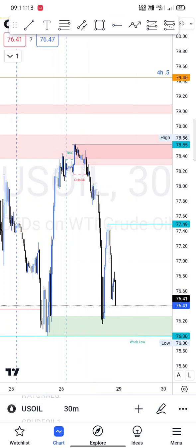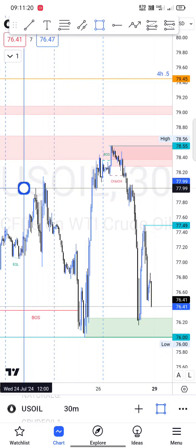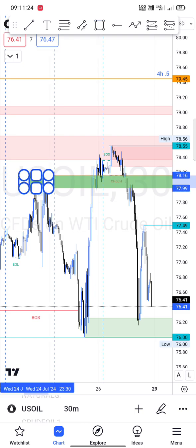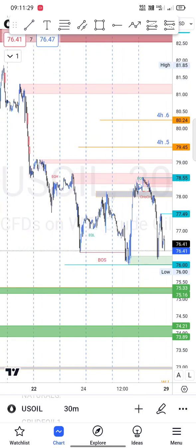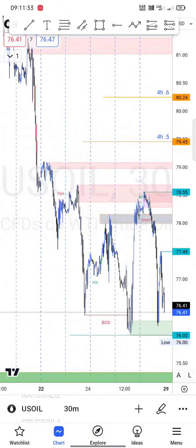You can see here a small key level. Okay, so resistance, we need resistance.